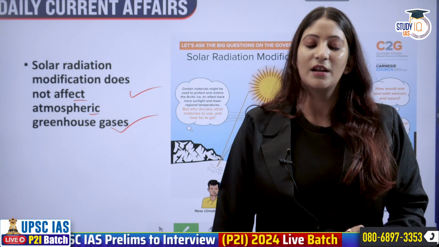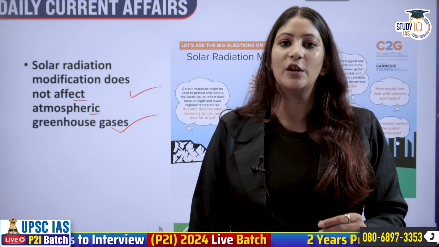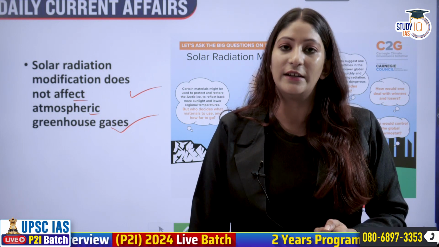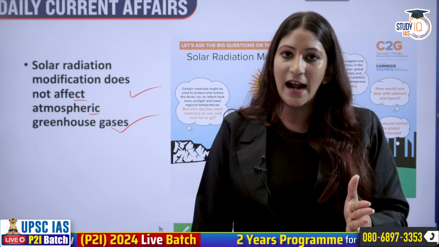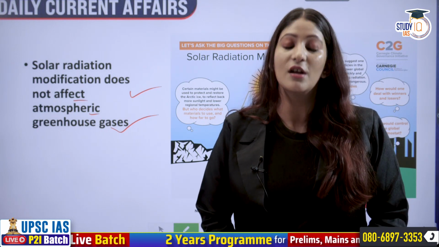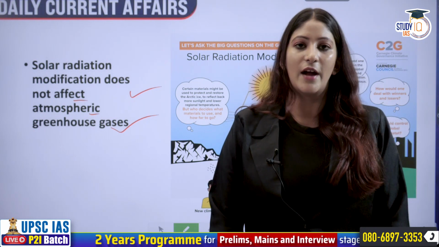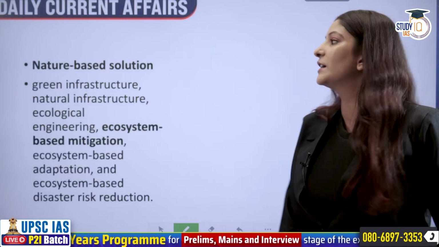And that gives rise to another problem. What kind of materials are we using? Who is going to regulate it? And what will be the short term as well as the long term impacts of the material we use for solar radiation modification on the environment? These are certain things we have to think about.